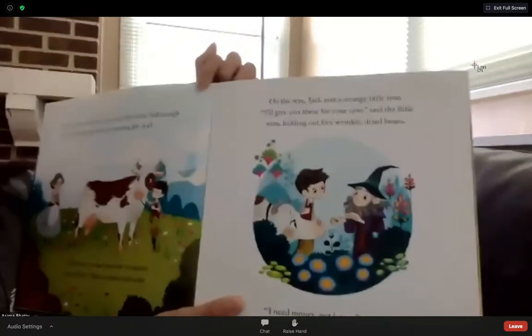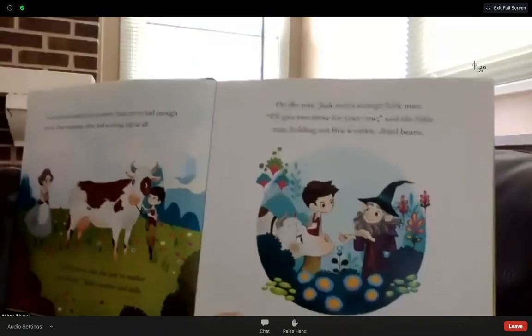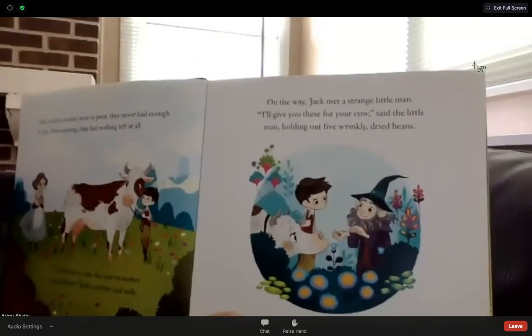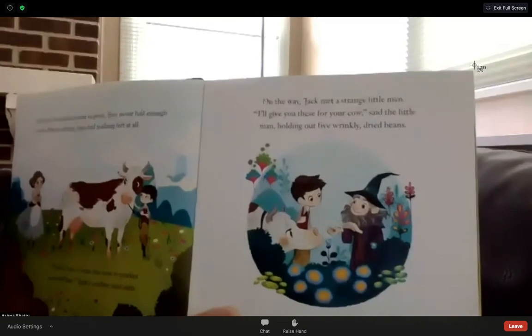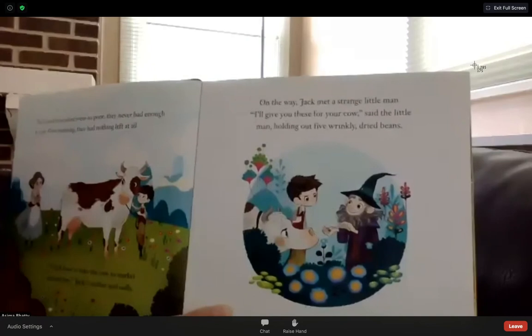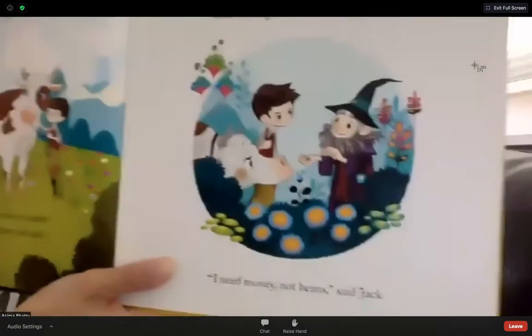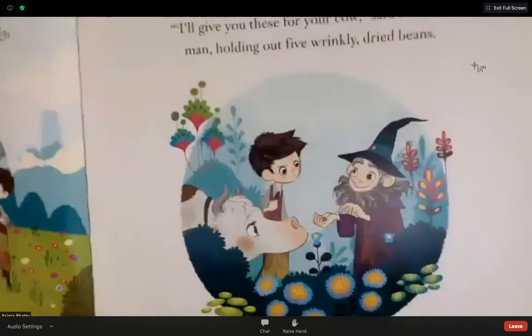On the way, Jack met a strange little man. "I'll give you these for your cow," said the little man, holding out 5 wrinkly, dried beans. "I need money, not beans," said Jack.